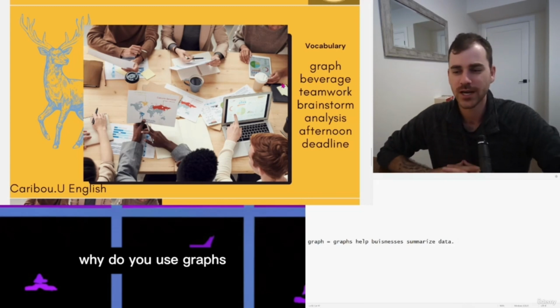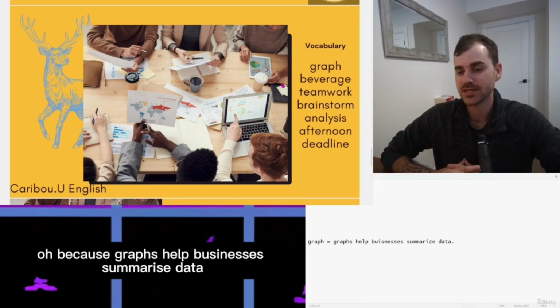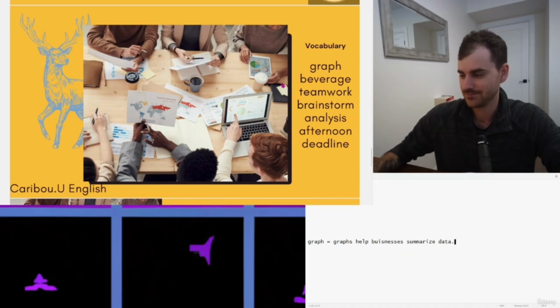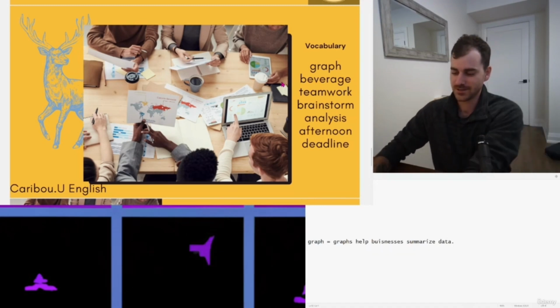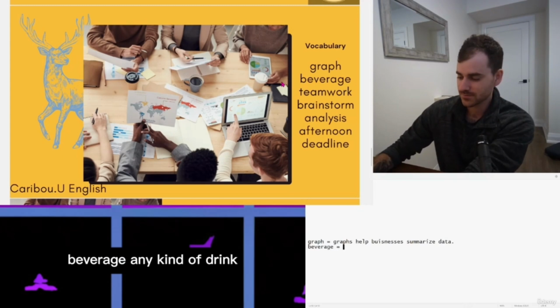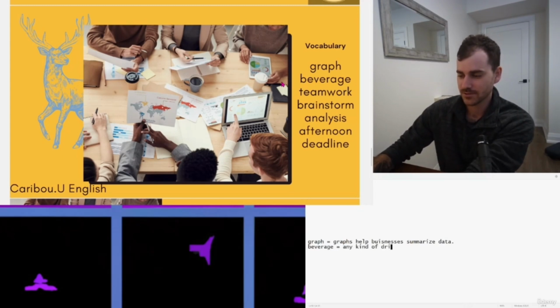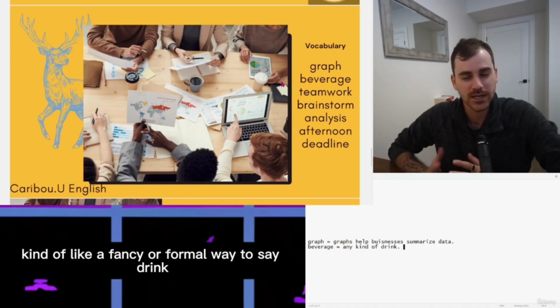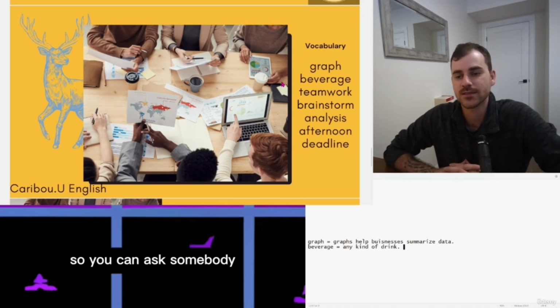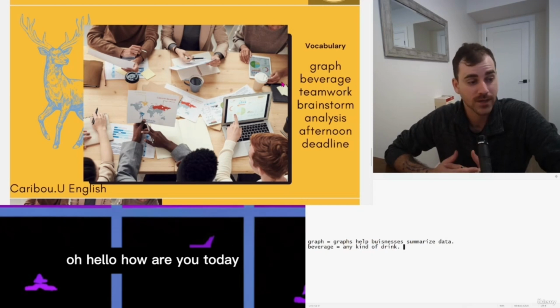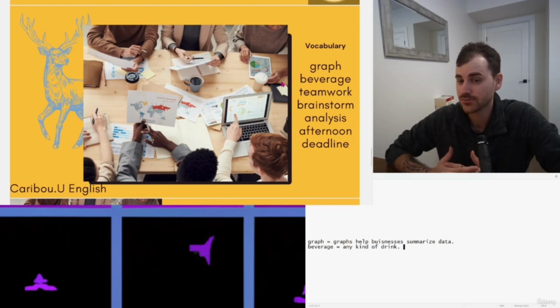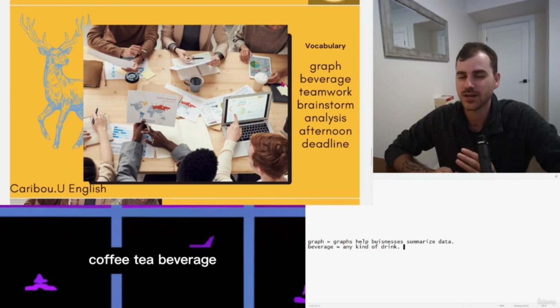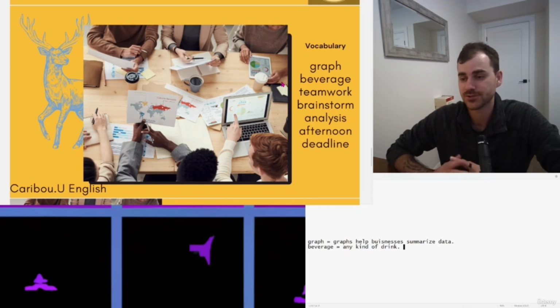Why do you use graphs? Oh, because graphs help businesses summarize data. It's a good answer. Beverage. Any kind of drink. It's usually kind of like a fancy or formal way to say drink. So you can ask somebody, oh, hello, how are you today? Would you like a beverage? Would you like water, coffee, tea, beverage?